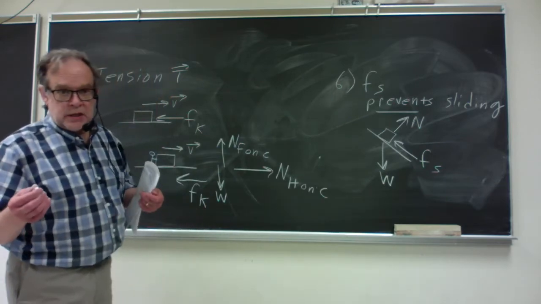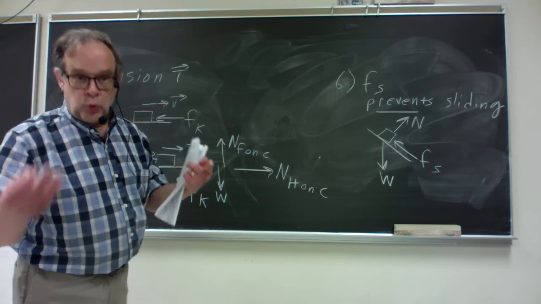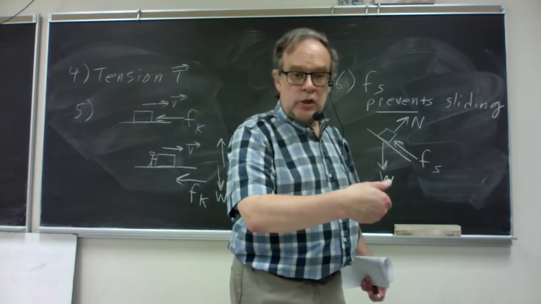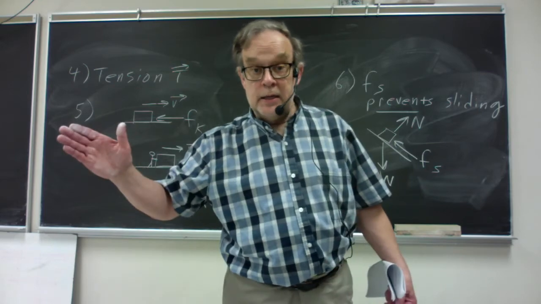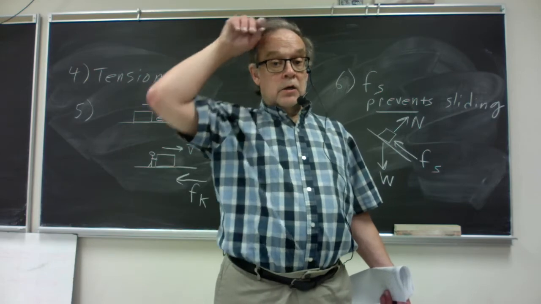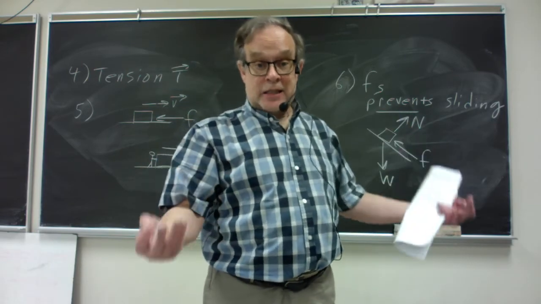So those are two kinds of friction force, kinetic friction and static friction. There's one more, rolling friction. Whenever a wheel is rolling, instead of sliding, you have rolling friction. Rolling friction, just like static friction, prevents sliding.